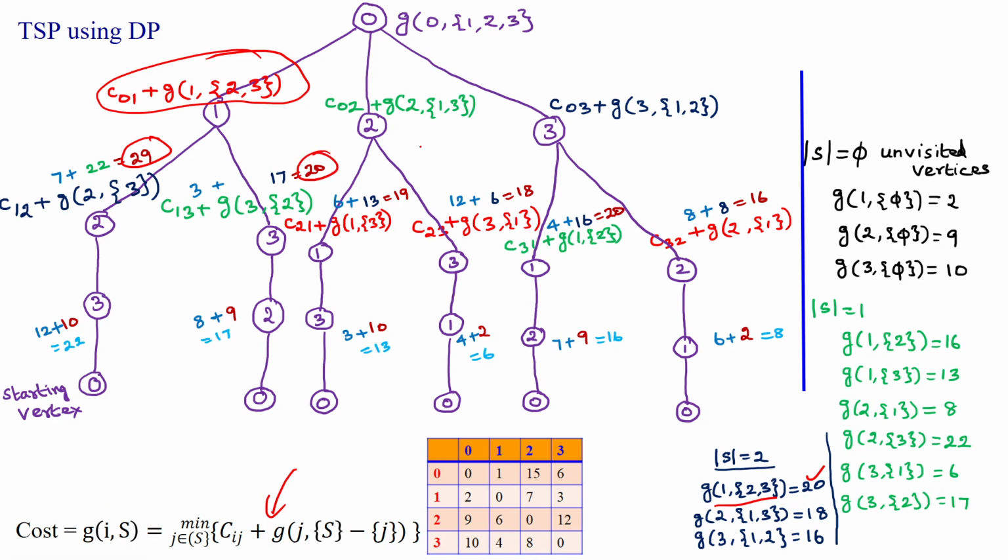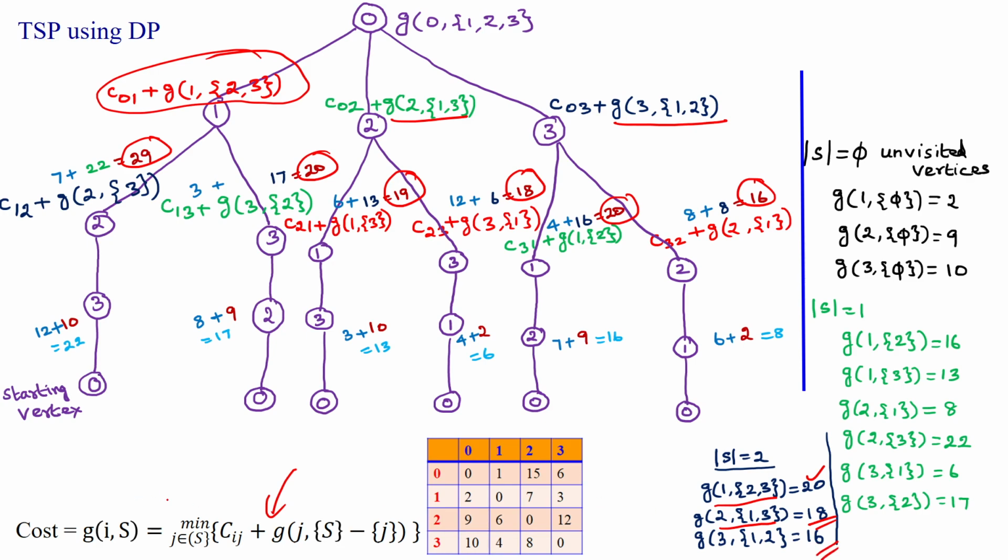Likewise, next one is g of 2 comma 1 3, the minimum of 19 and 18, so this one is 18. Next one is g of 3 comma 1 2, the minimum of 20 and 16, so that is 16.